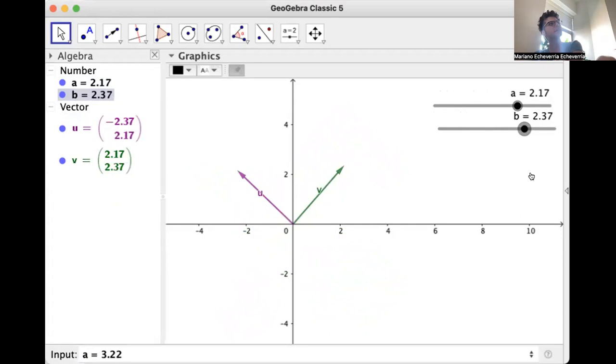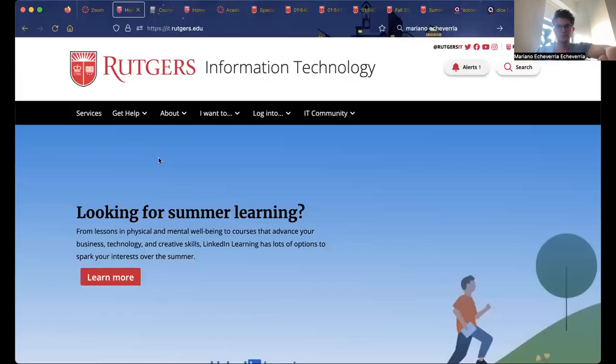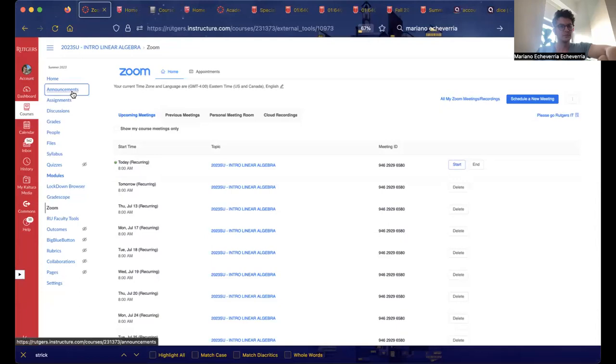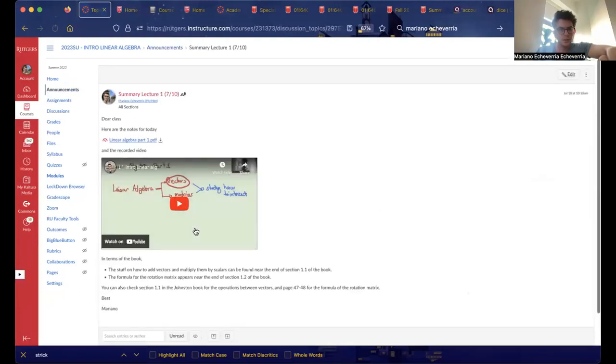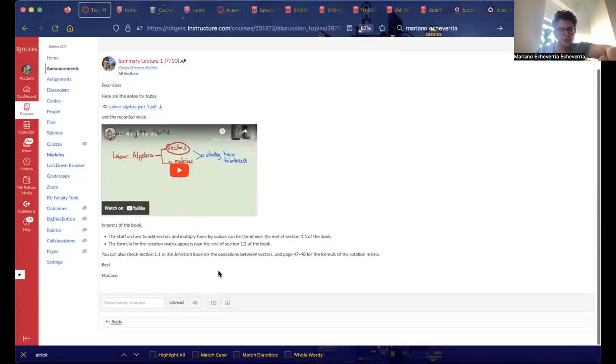Yeah, I think I sent an announcement yesterday that mentioned the section of the book where this is. If you check the announcement, let's see. Yeah, the rotation matrix.